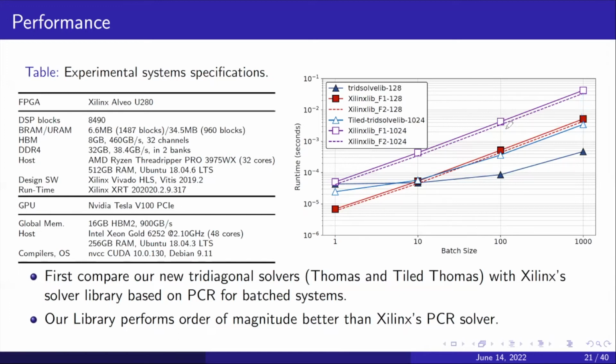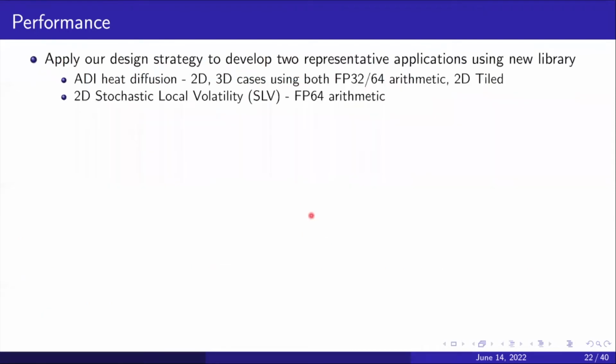And we can see that unrolling the inner loop of the Thomas-PCR only marginally improved the performance, but it consumed more resources. Let's look at the performance evaluation of two non-trivial representative applications.